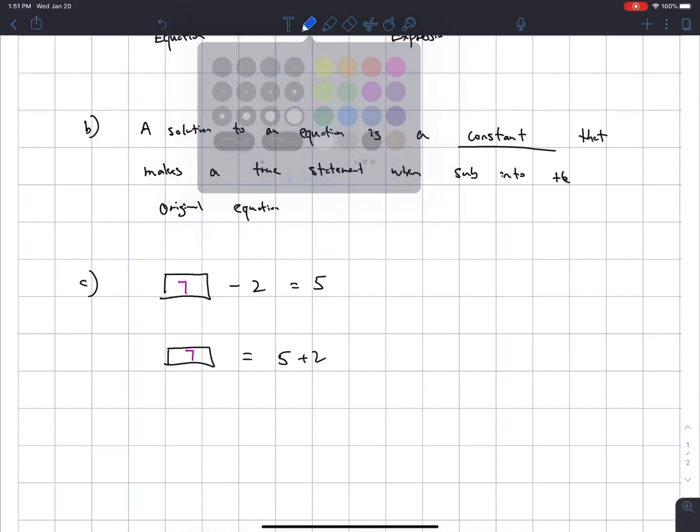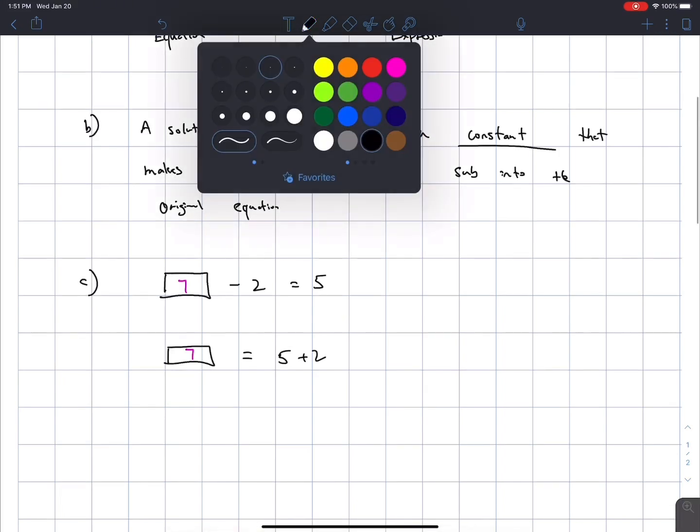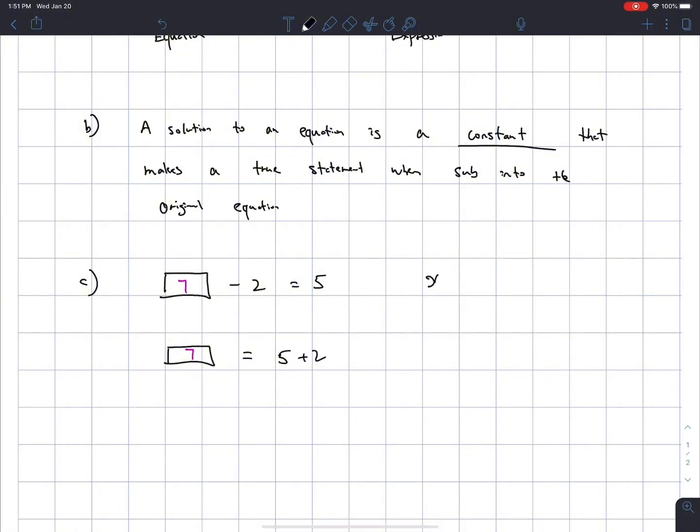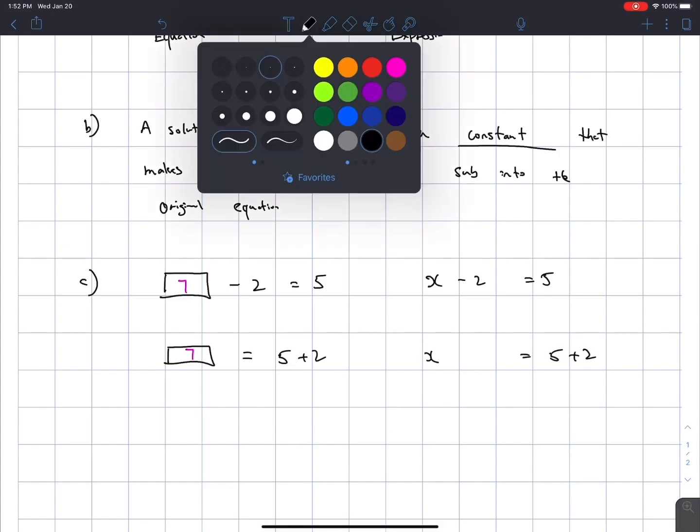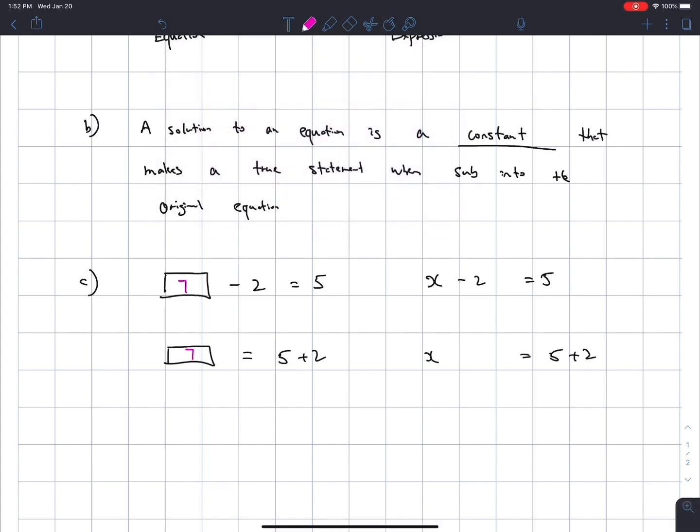So in algebra, it's the same idea. In math, we are starting to use the concept of algebra. If you have x minus 2 equals 5, you can say that x equals 5 plus 2. We want to emphasize that what we are really doing is just adding 2 on both sides of the equation.